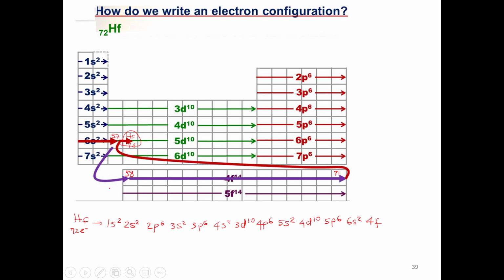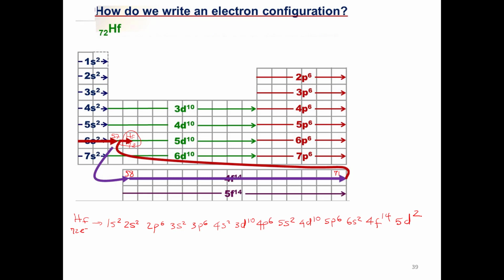Because we pass through all the group, this is full, so it will be 4f14. Now we go up to the group D, and here it's not 6, it's 5. Yes, 5d. Because it's in the second column, it will be 5d2. And this is the electron configuration for hafnium.